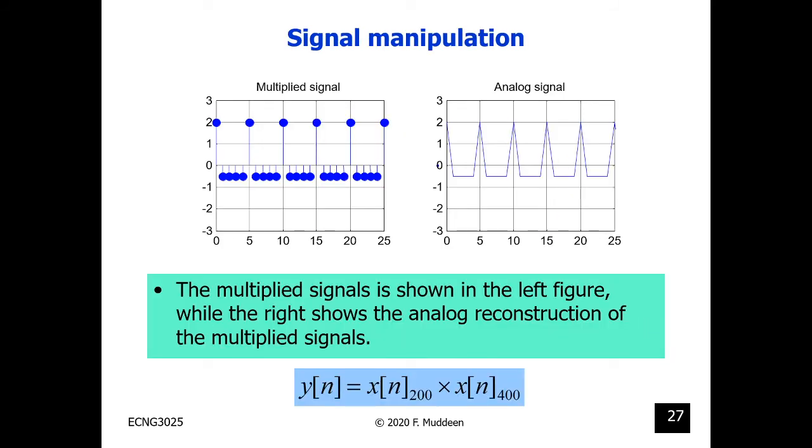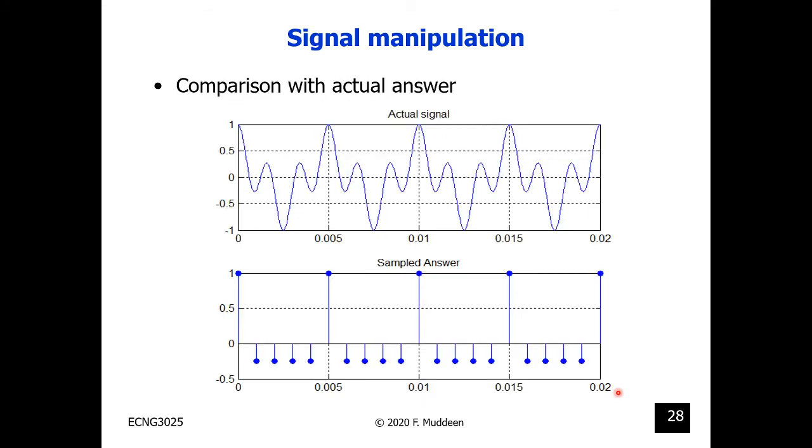Now if we take the same sampled 200 Hz and 400 Hz signals and we multiply them and reconstruct them, this is what our end result is going to look like. But if we compare this to multiplying the 200 Hz and 400 Hz signals in continuous time, what you can observe here is the stark difference between continuous time and discretized time.